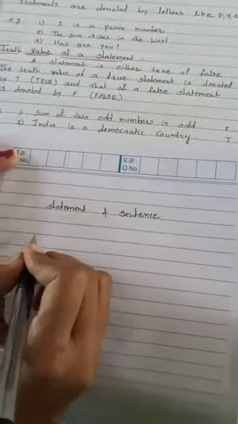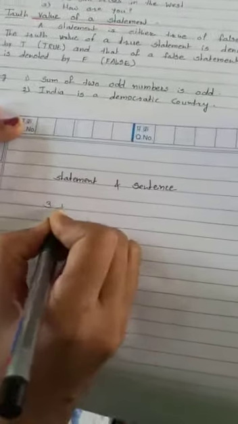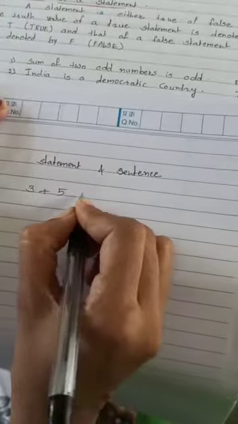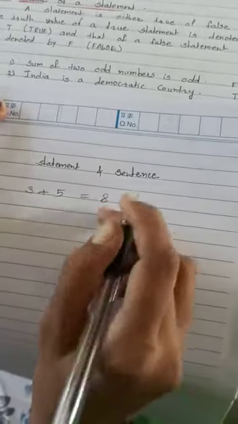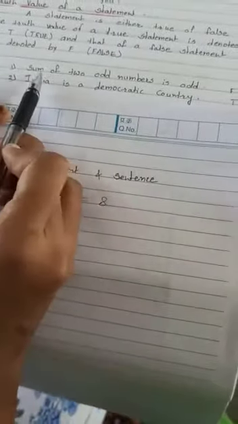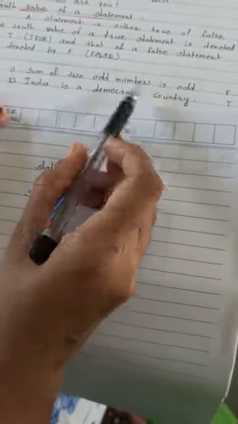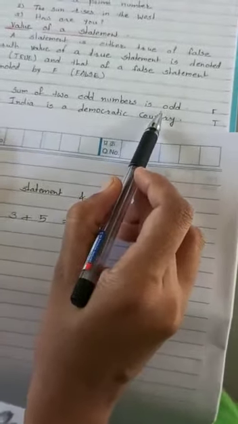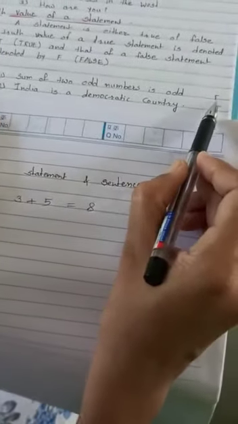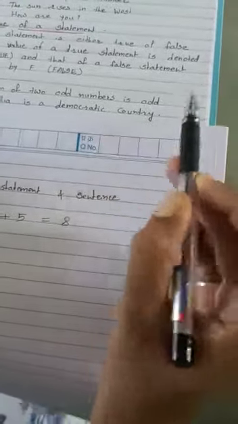If we take two odd numbers 3 plus 5, the addition of these two odd numbers is equal to 8. Here we get even number. That means this sentence, sum of two odd numbers is odd, is false. So here we write it is a statement but its truth value is F.